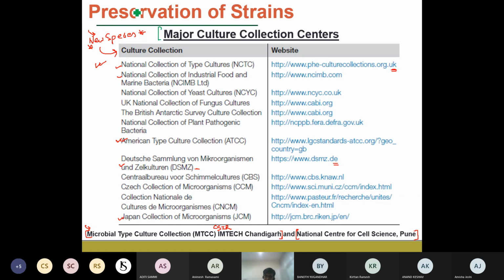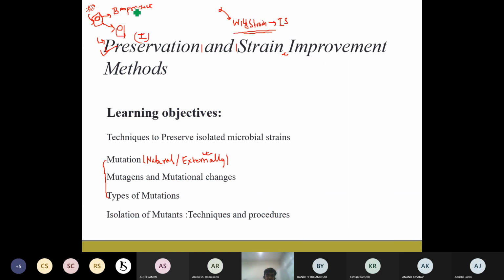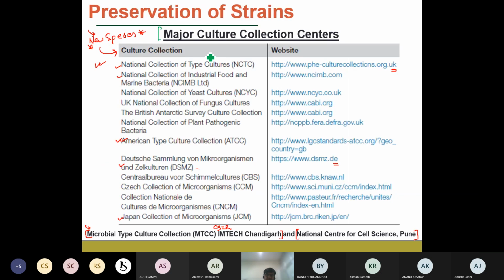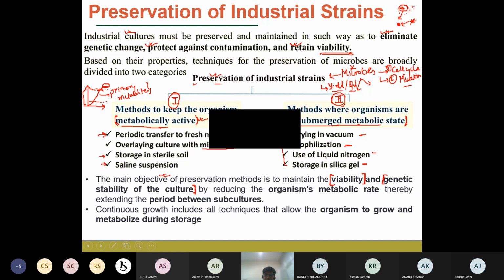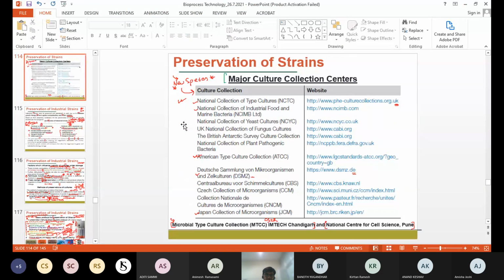Can anyone tell what culture collection centers are present in India, for example? Can anyone tell two names? We have already studied those things. Anand, Keshav, yes, sir, can you tell the two names of the culture centers in India?